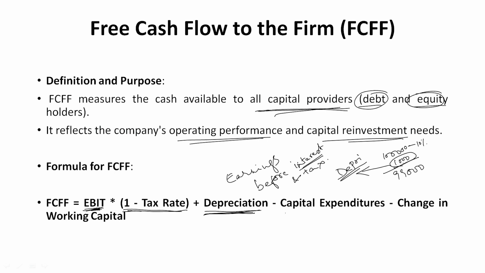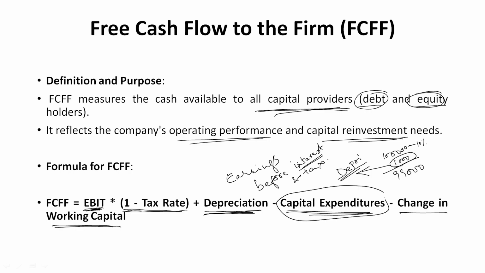There are certain items which I have considered as an expense, but in real terms they are not. For example, capital expenditure and change in working capital. These are two things which are going to add value to the firm in total.